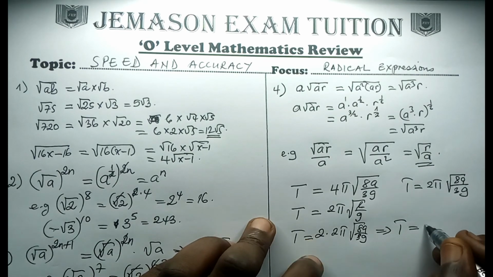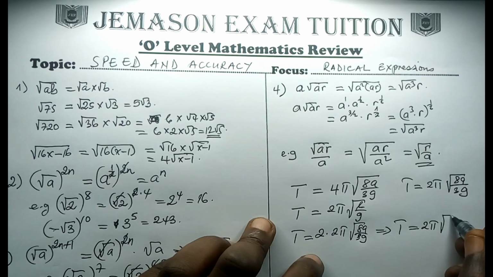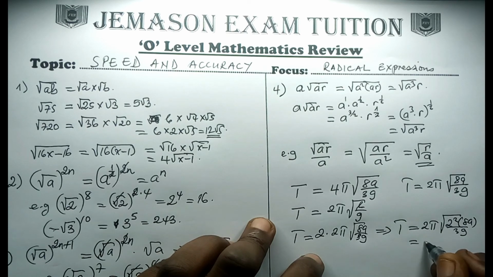So it now gives me 2 pi, the root of 2 squared into 8a all over 3g, which now gives 2 pi, the root of 2 times 2 gives 4 times 8, that gives 32a all over 3g.